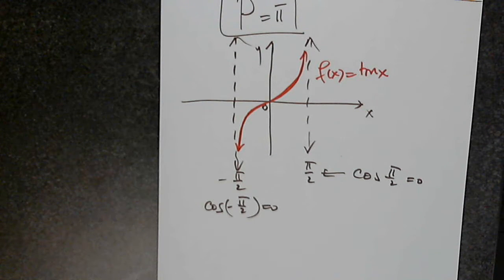And then go to the viewing window, and let's say this time between negative 2π and 2π, and of course, not negative 2 to 2 because it goes on forever. I'm going to say negative 8 to 8, and press enter.